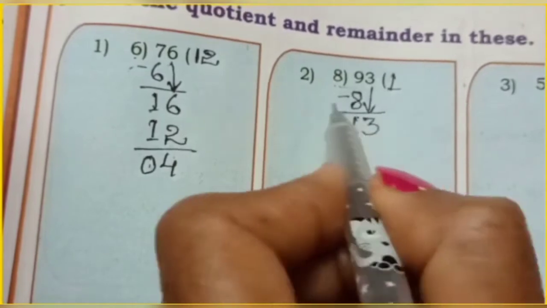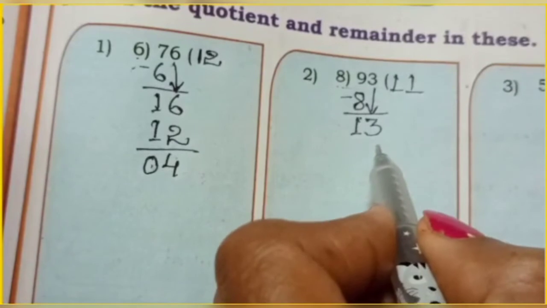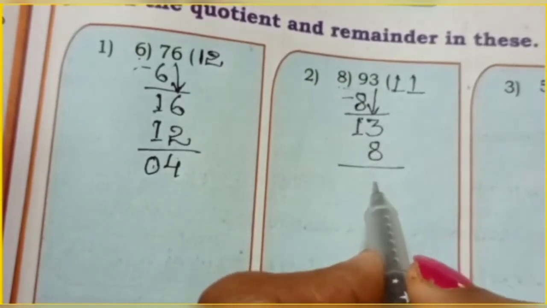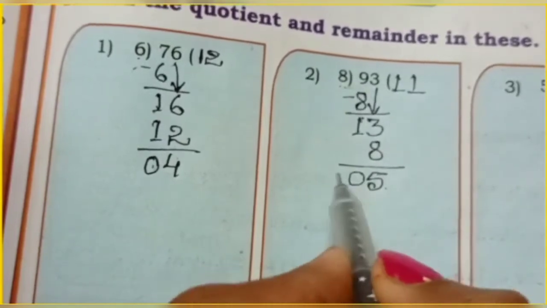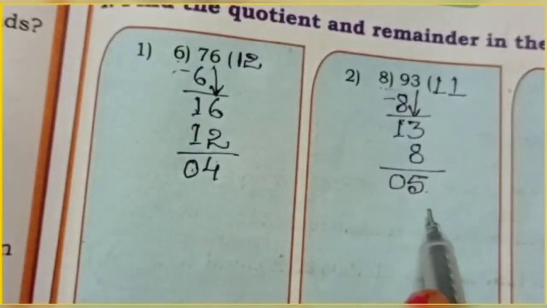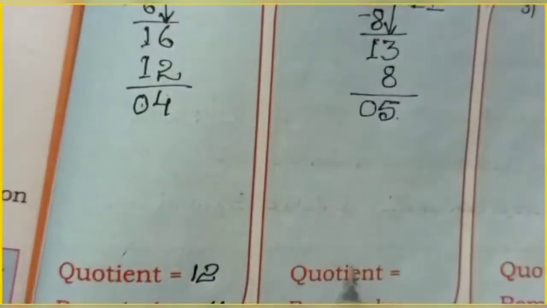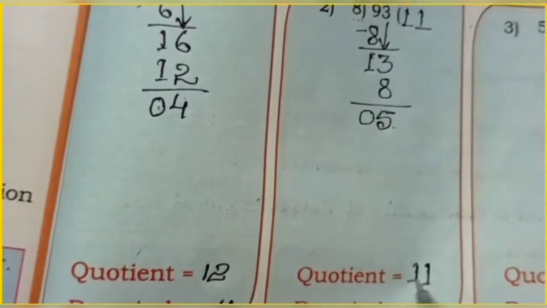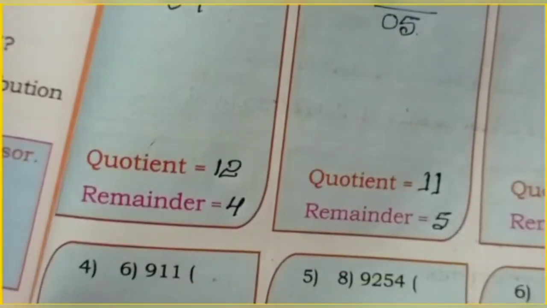So 8 ones are 8. Again write 8 here and subtract it. 13 minus 8 equals 5. So here the quotient is 11 and the remainder is 5. Right? Quotient 11 and remainder 5.